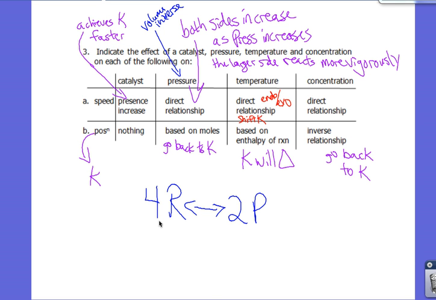For instance, if I increase the pressure, both sides are going to experience a speed up. However, the right side is going to increase in speed by a factor of 4 times, while the left side is going to increase in speed by a factor of 2 times. Well, if something is increasing by a factor of 4 versus a factor of 2, a factor of 4 is a much greater increase.